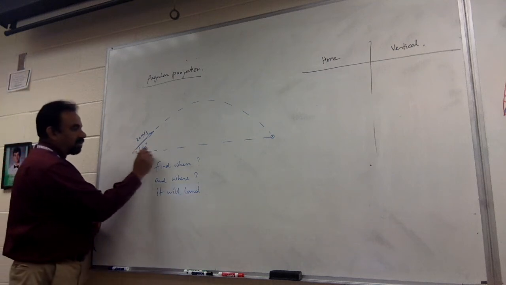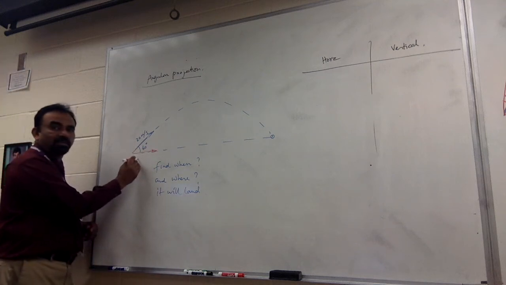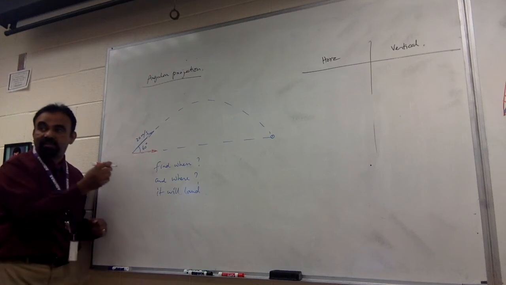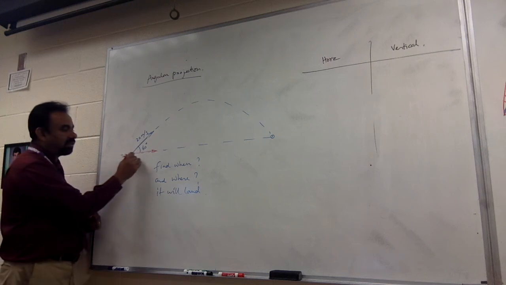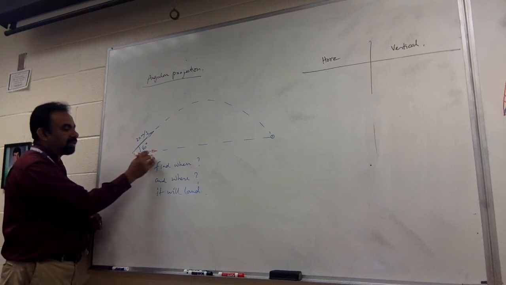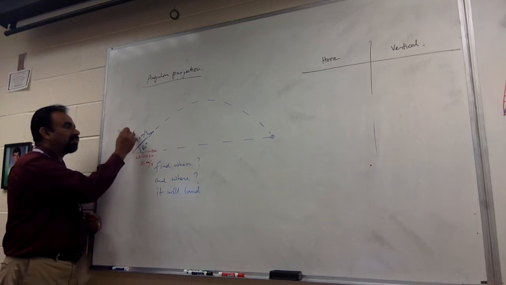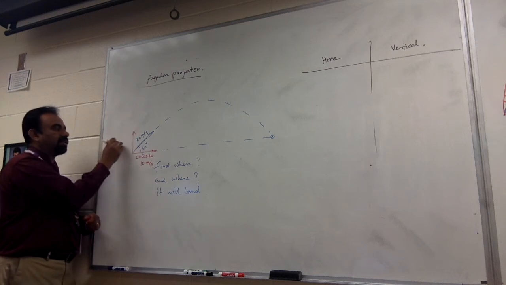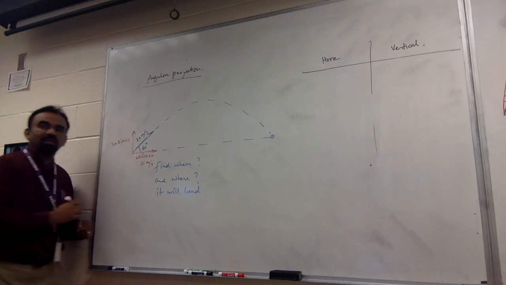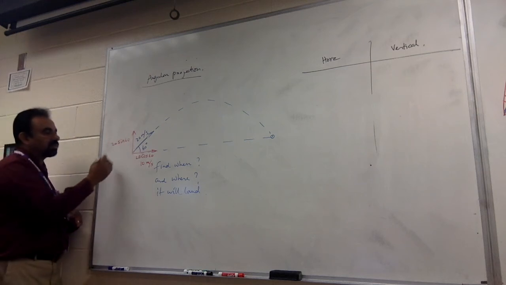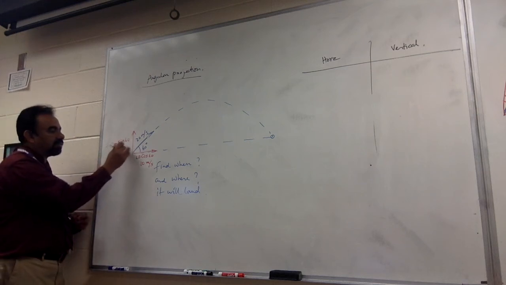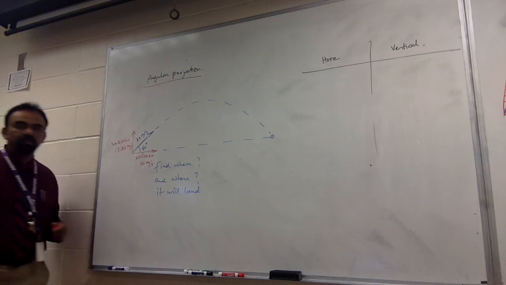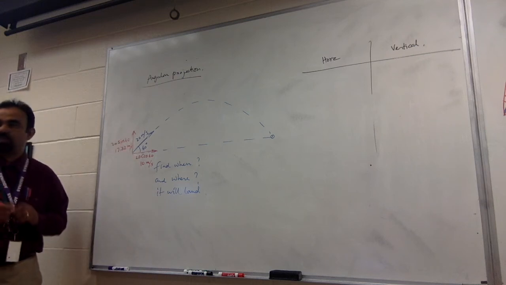So what is this component? 20 cosine 60, which is 10 meters per second. And what is the vertical component? 20 sine 60. That should be 17.32 meters per second. So we have the two components ready.